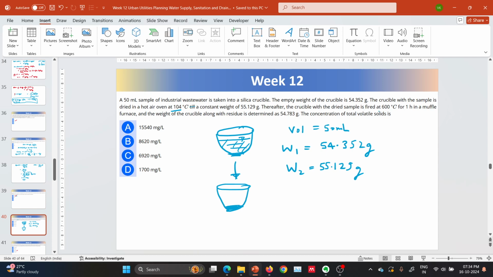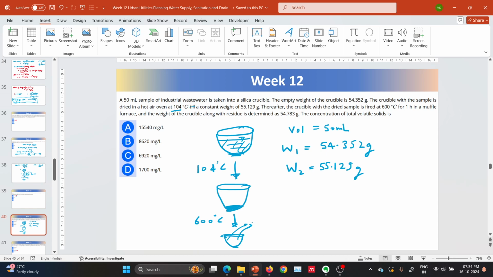Thereafter, the crucible is again fired. So initially 104 degrees Celsius, then again fired at 600 degrees Celsius for 1 hour in the muffle furnace. And then what will happen? The organic or volatile compounds will volatilize.